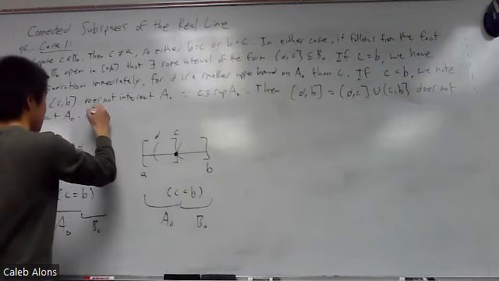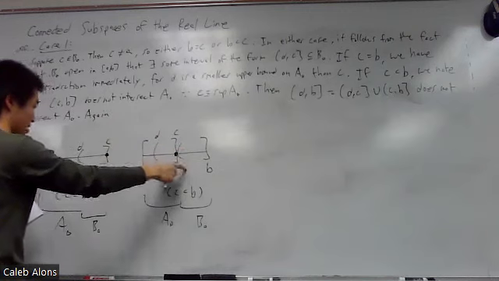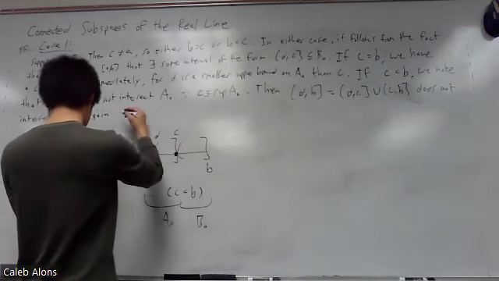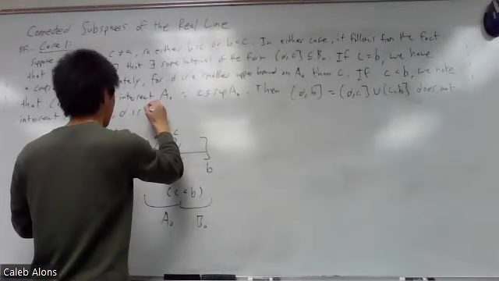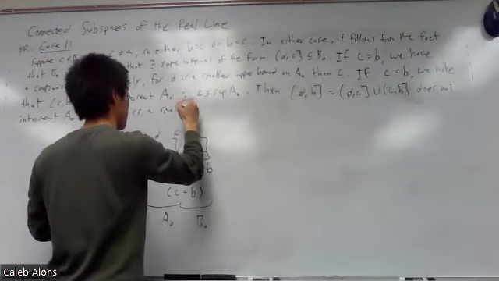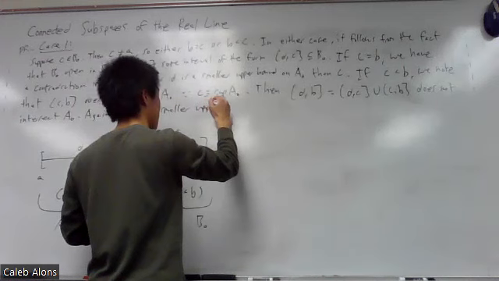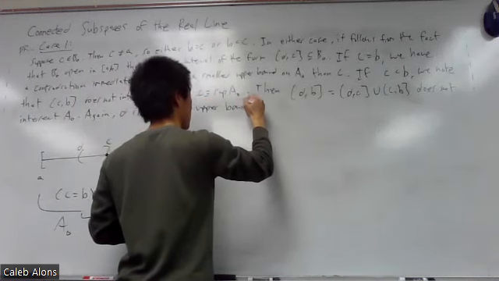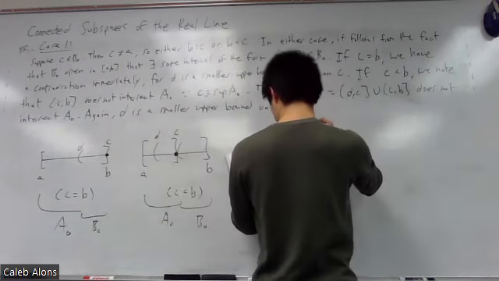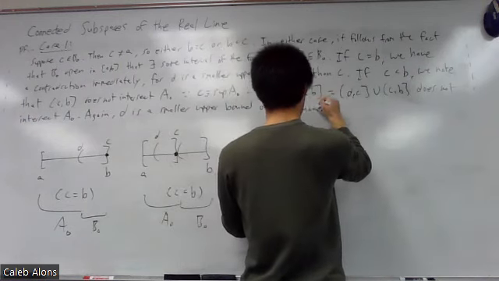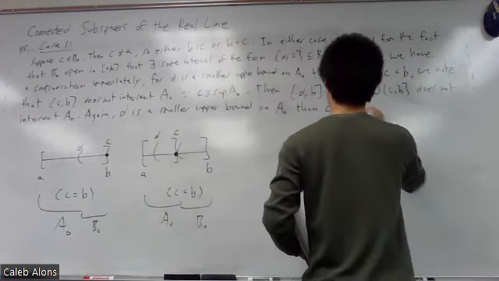And again, as in both cases with the figures, B is a smaller upper bound on A naught than C. And then that's the contradiction.